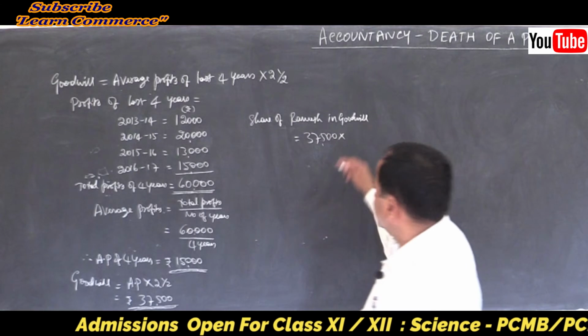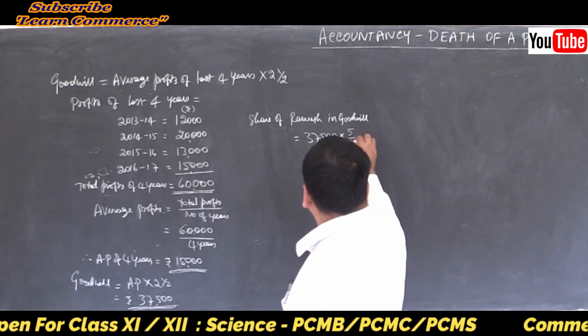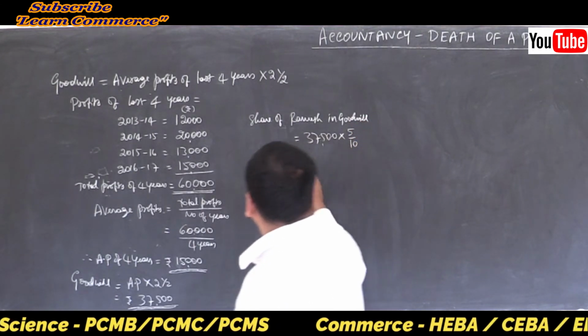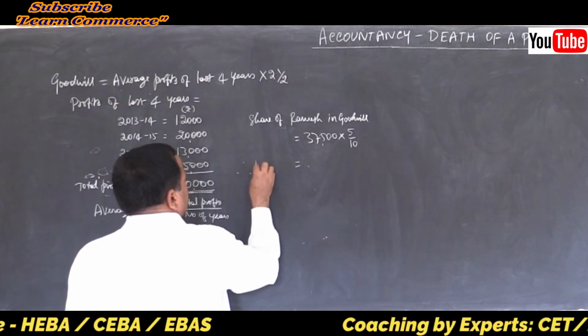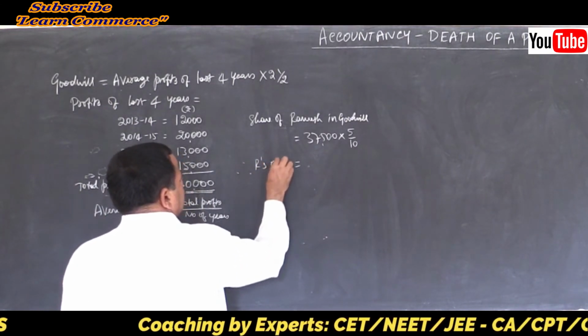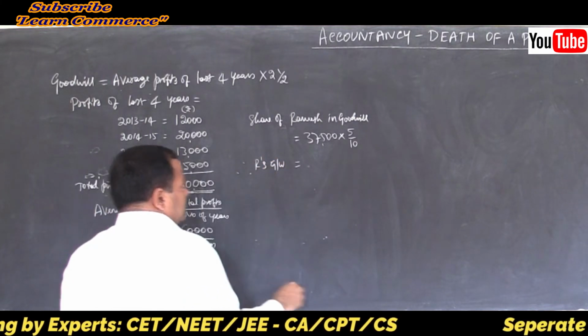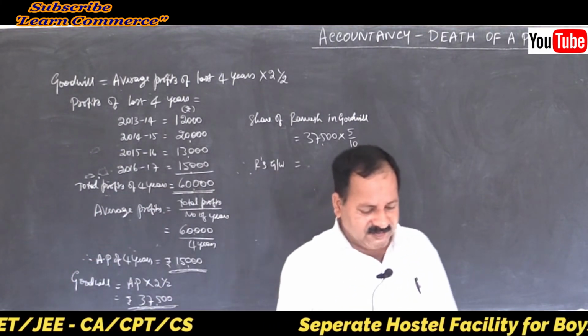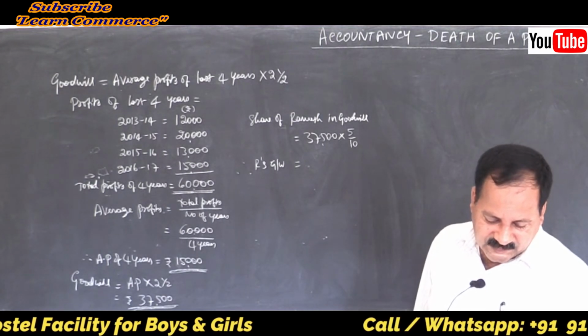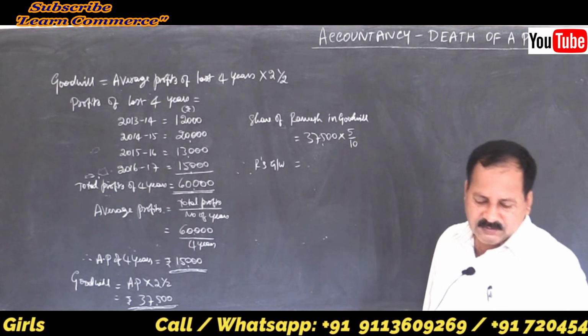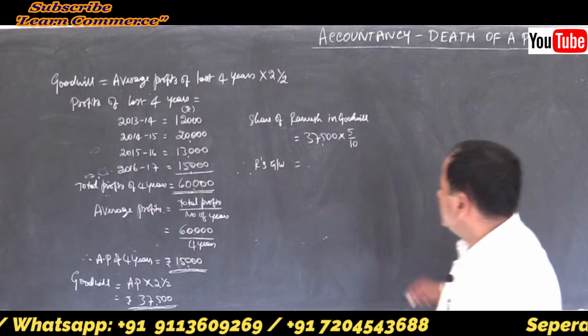Is that correct? Yes. 5 by 10. Therefore, Ramesh's goodwill is equal to rupees, write the amount, how much it is. 18,750.